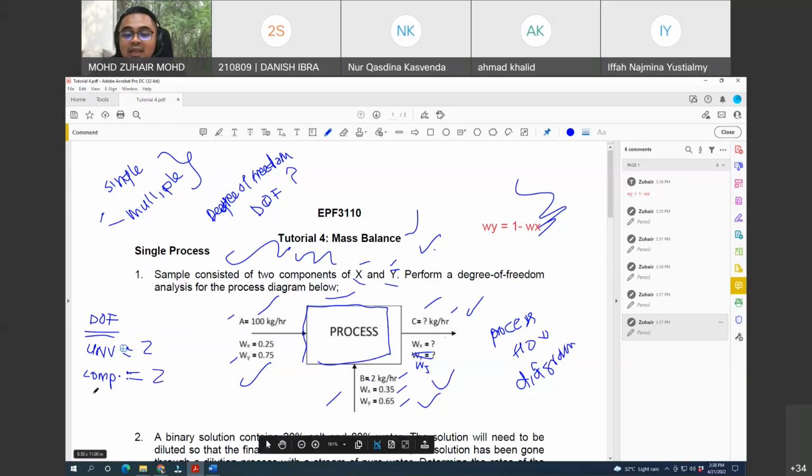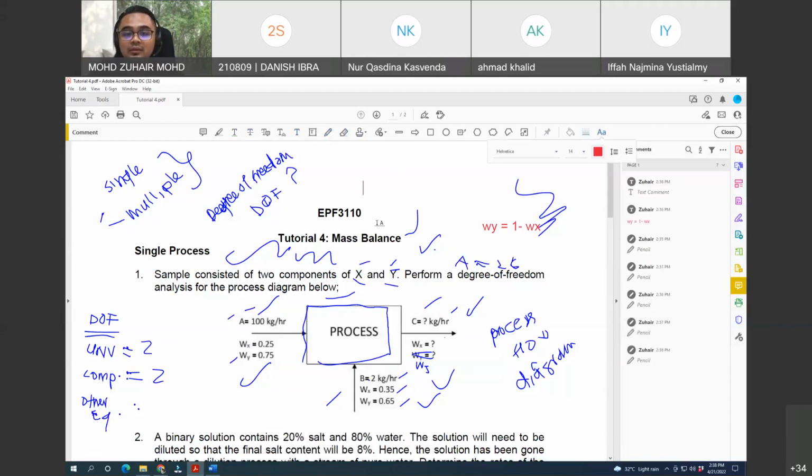Okay, so is there any other equation? An equation, for example, A equals C, let's say. I really hope that you can understand my handwriting because I don't know what happened to my tablet today, it's really not working well.